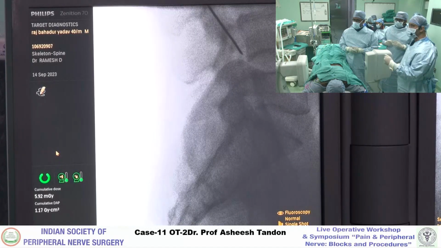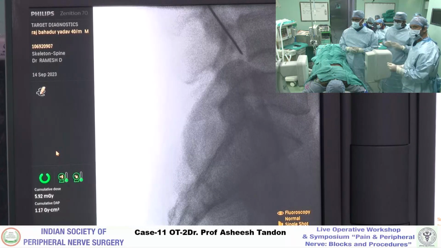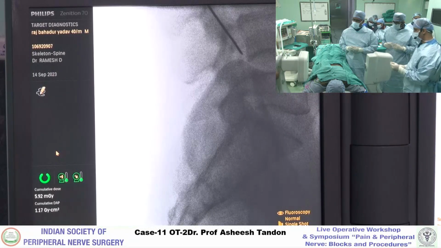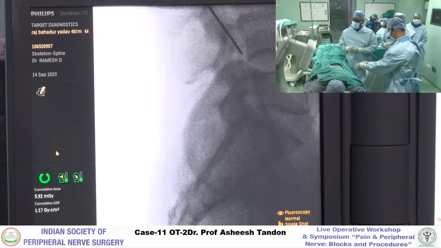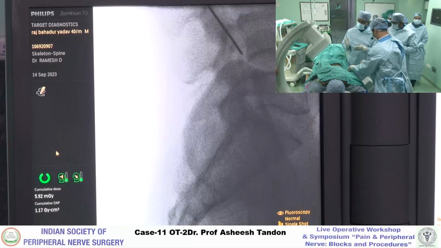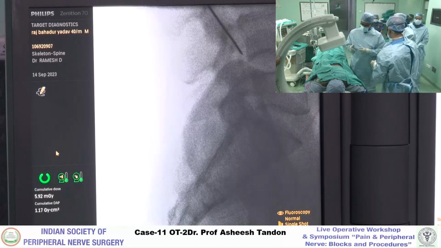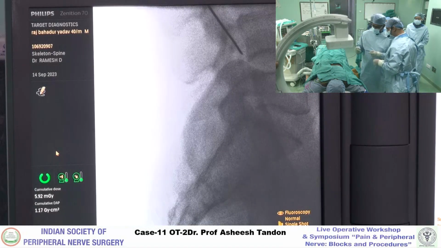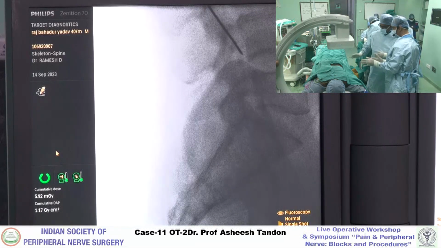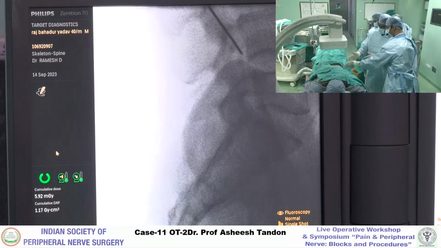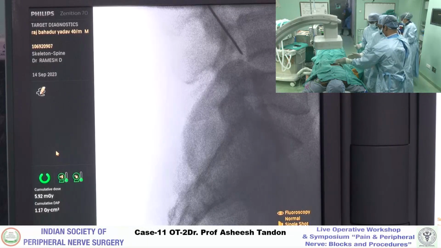Now we'll do AP again. Go, you put the dye now. You understood? Iliac crest, we went above and directed downwards.